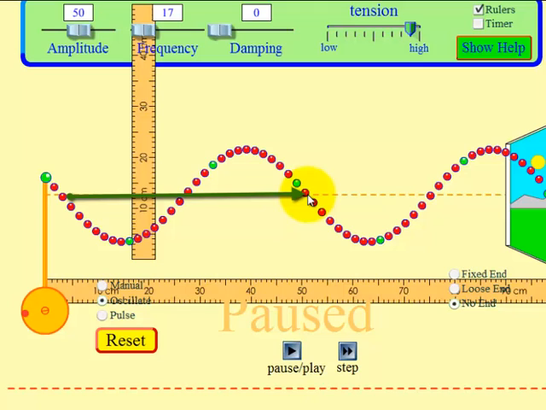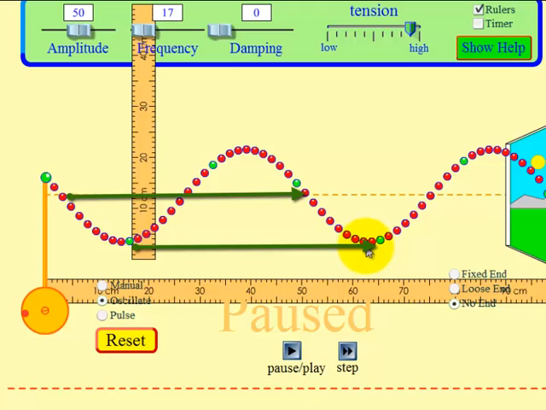That is a complete oscillation. The next complete oscillation will be from this point again all the way to this other point here, or from this point all the way to this point.